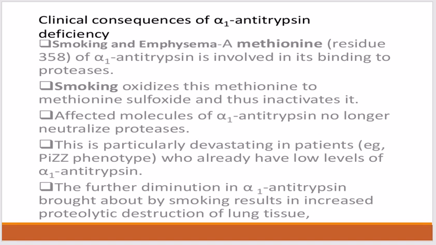Smoking oxidizes this methionine to methionine sulfoxide and thus inactivates it. The affected molecules of alpha 1 antitrypsin no longer neutralize these proteases. This is particularly devastating in patients, for example with the PiZZ phenotype, who already have low levels of alpha 1 antitrypsin. The further diminution brought about by smoking results in increased proteolytic destruction of the lung tissue.